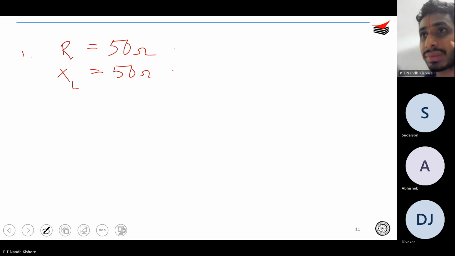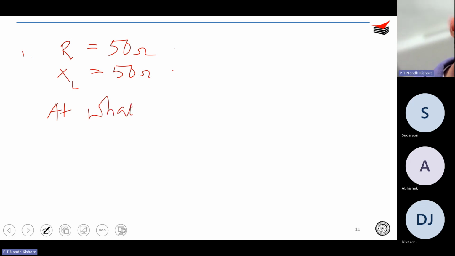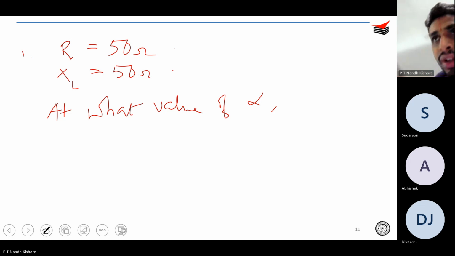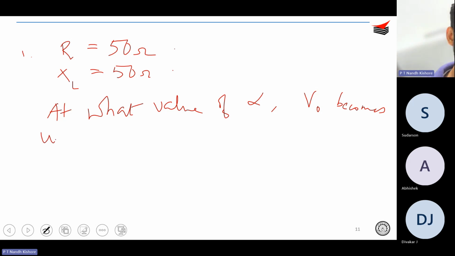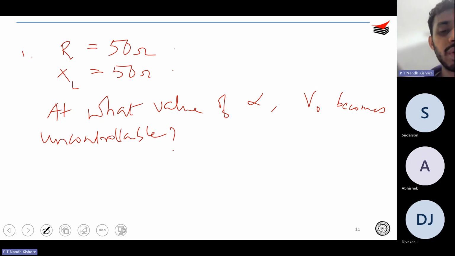At what value of firing angle does V naught become uncontrollable? So this is the question. At what value of firing angle V naught becomes uncontrollable?